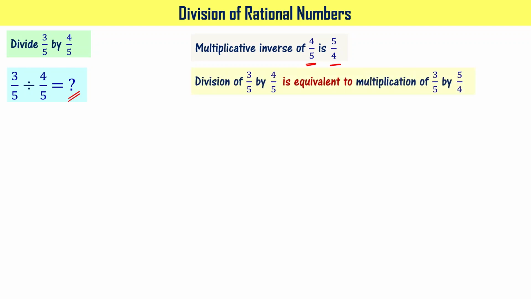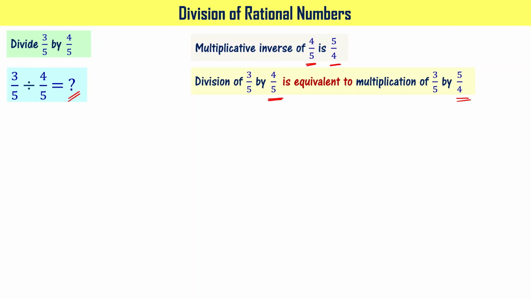How? We can say that division of 3 by 5 by 4 by 5 is equivalent to multiplication of 3 by 5 by 5 by 4. You see, this 4 by 5 and 5 by 4 are multiplicative inverses of each other, right?